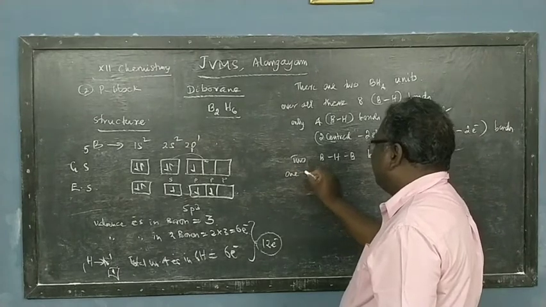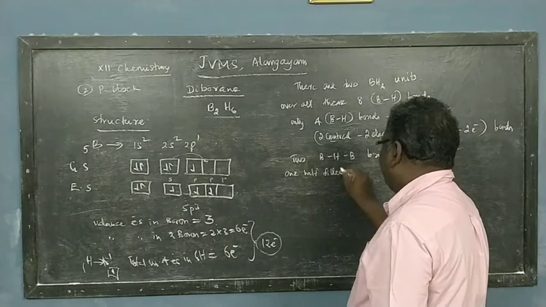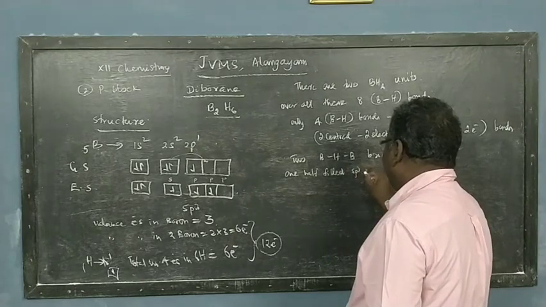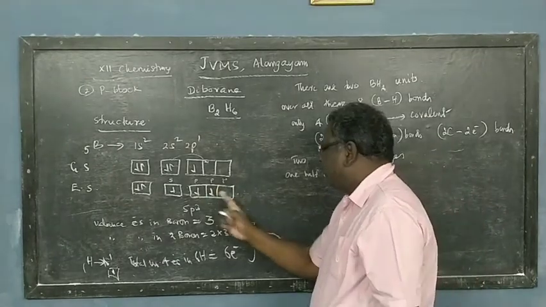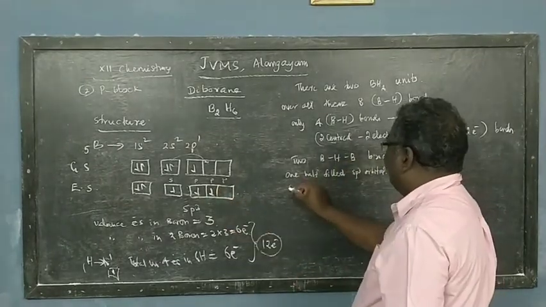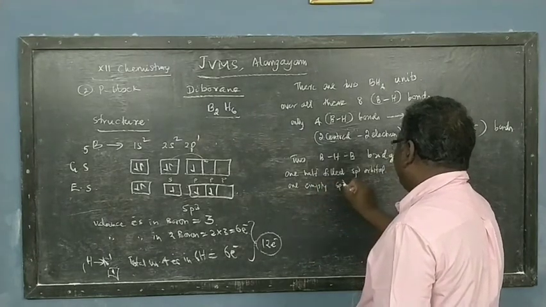There will be one half-filled sp3 orbital of boron and one empty sp3 orbital.